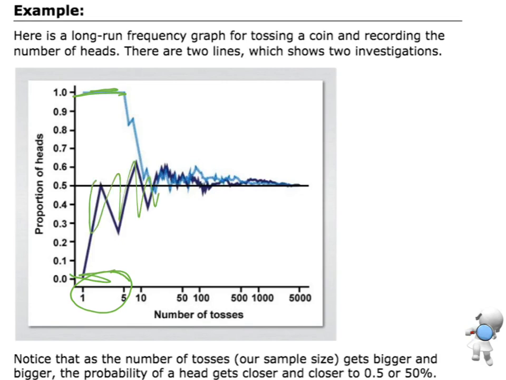It's moving around quite a bit. Then between about 10 and 500 trials, the variation is getting smaller over time. And as we get up to 5,000, we're getting more and more precise in our estimates. This is the idea that we want to explore and be able to draw a graph to represent.